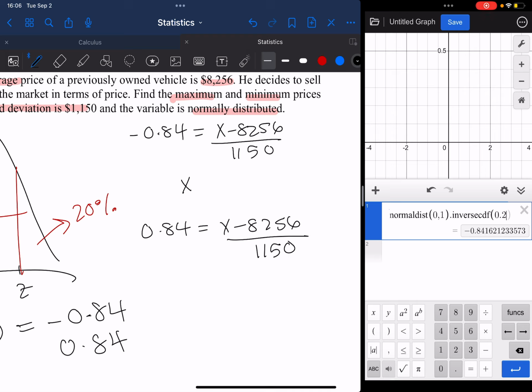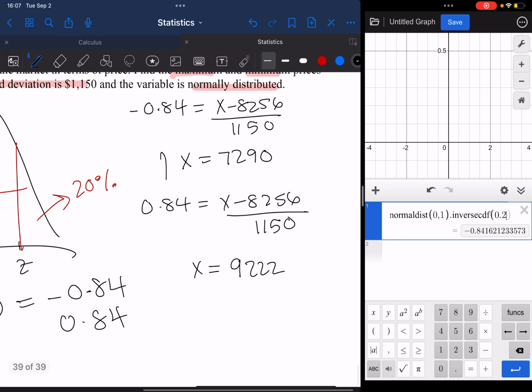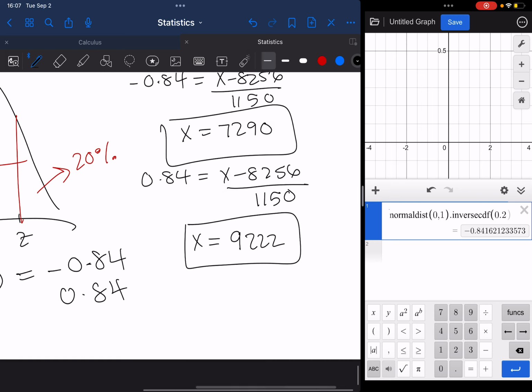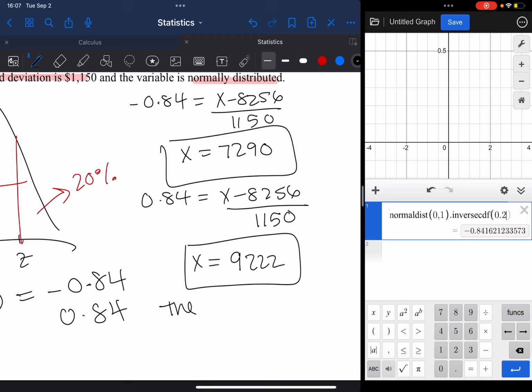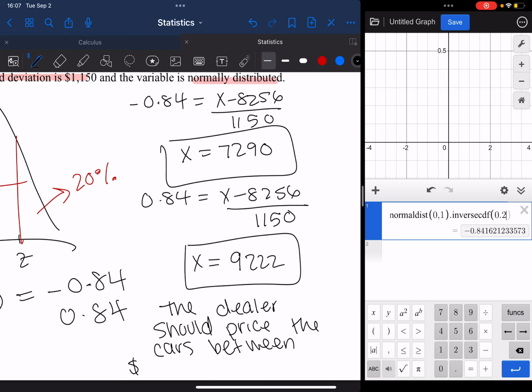Solving for x in the first one, I get x is about 7,290, and then solving for x in the next one, I get 9,222. My minimum and my maximum value. So this means that the dealer should price the cars between $7,290 and $9,222. That would be our answer.